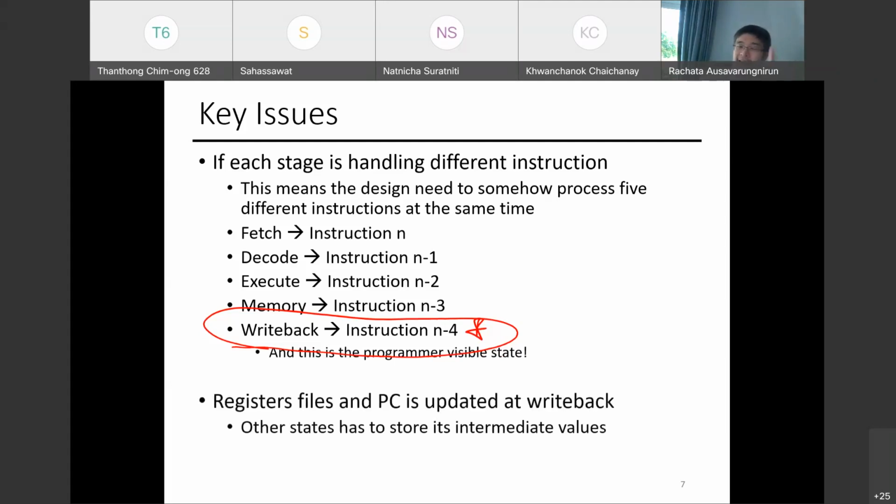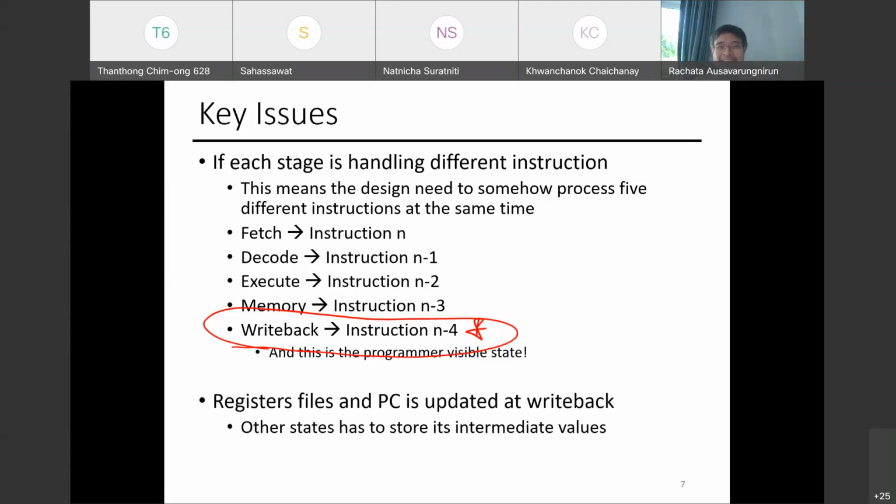So it means that in this case, because they are visible at the write back stage, register files and the program counter are updated at write back, right? And other state has to store the intermediate values, which are not visible to the programmer, but we don't need to tell them.